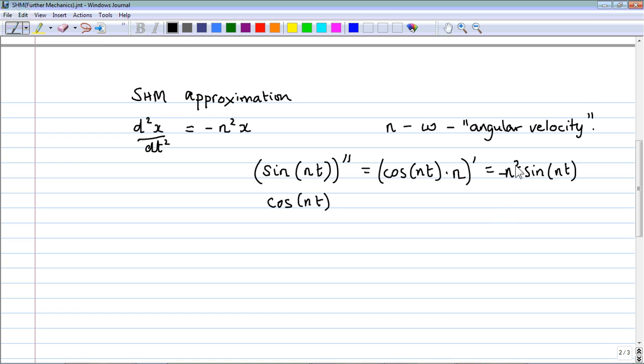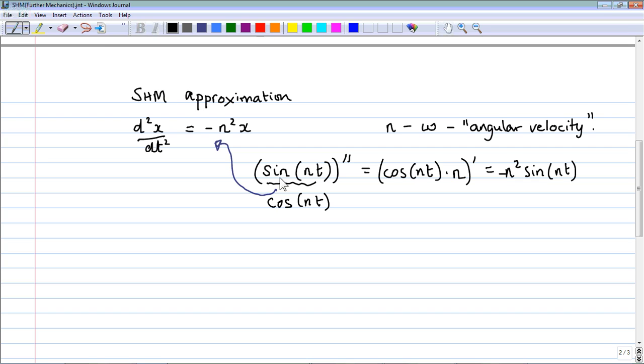So you get minus n squared sine nt, which is the second derivative of sine nt. So we can already see that this specific function is at least one possible solution to this equation. Yeah? So x equals sine nt does solve this equation.